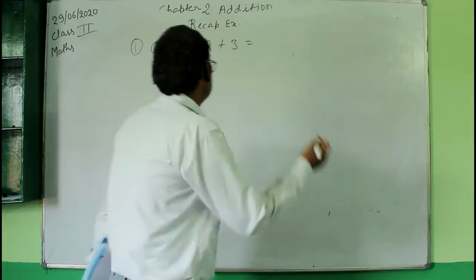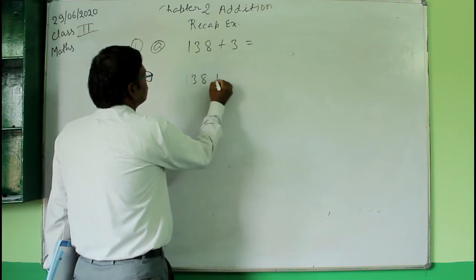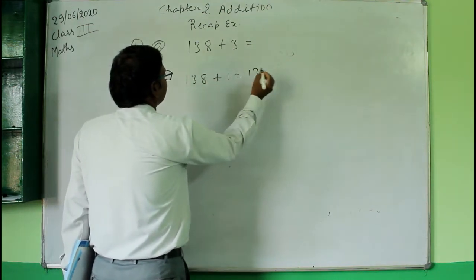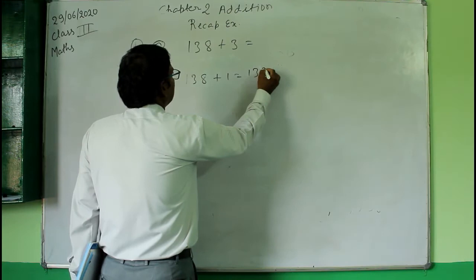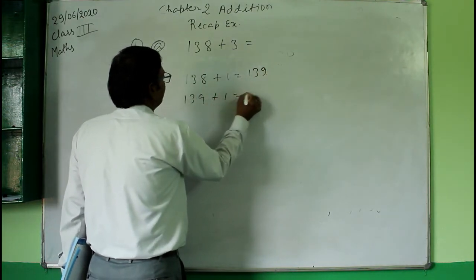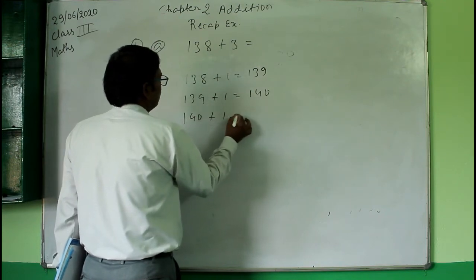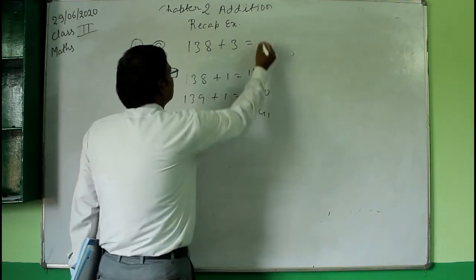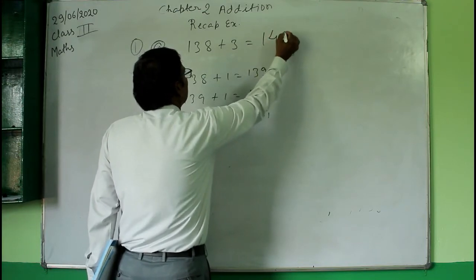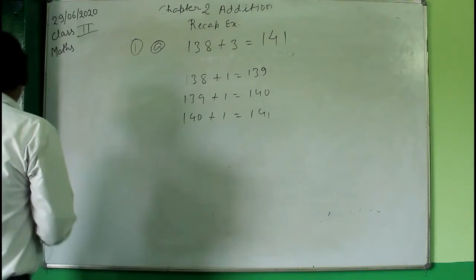So in this way the answer will be 141. 138 plus 1 कितना हो जाएगा? 139. और फिर 139 plus 1 कितना हो जाएगा? 140, and then 140 plus 1 is equal to 141. So the answer here will be 141. This is how you can add mentally.